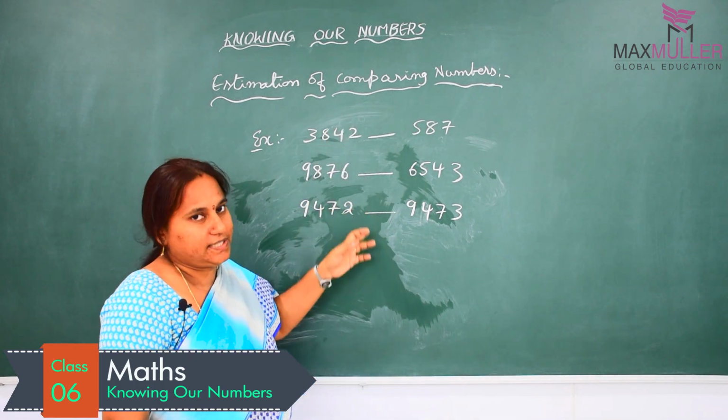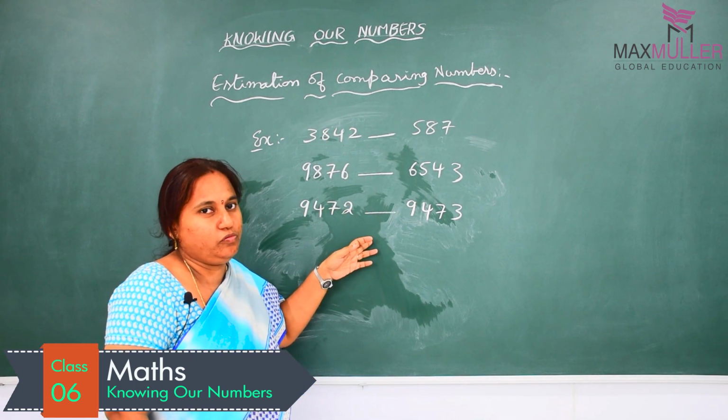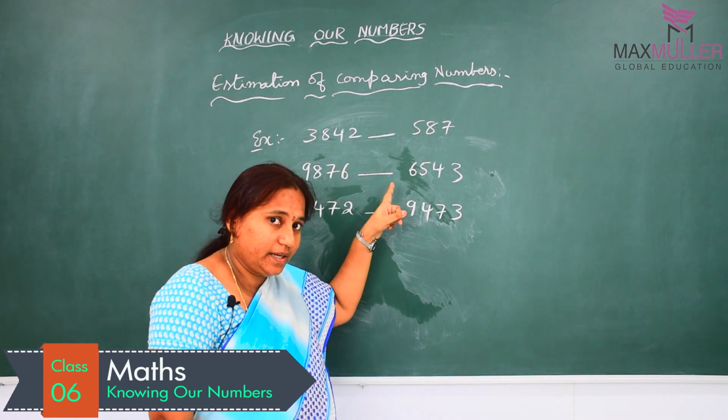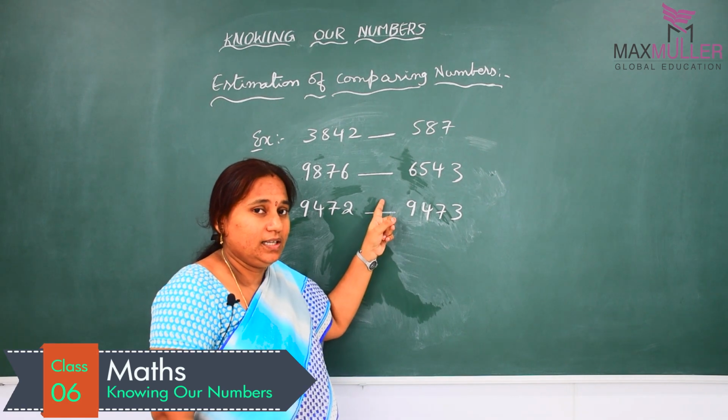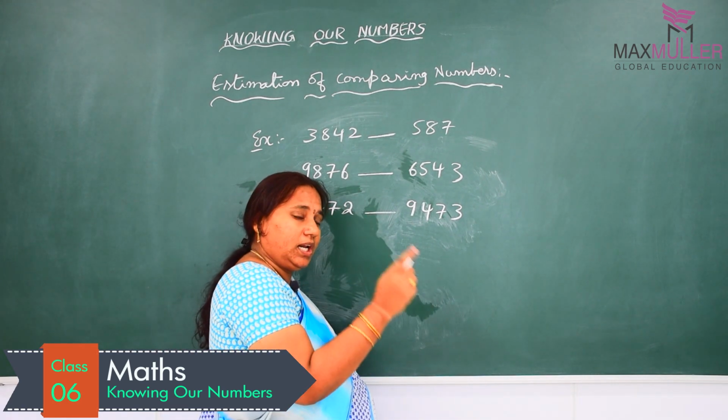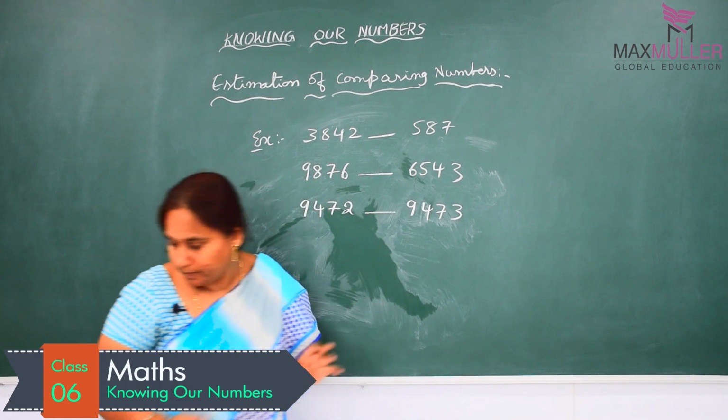Now you have to fill this one. This one I am giving to you as homework. Finish it. You have to find the greatest number and notice the smallest number. After that you have to use the greater than symbol or less than symbol.